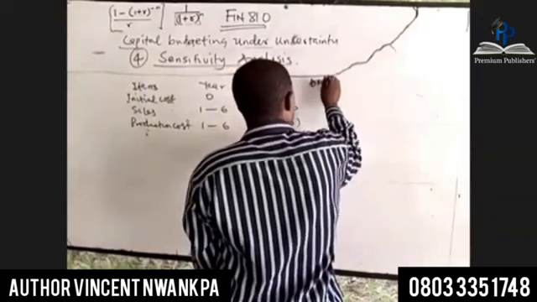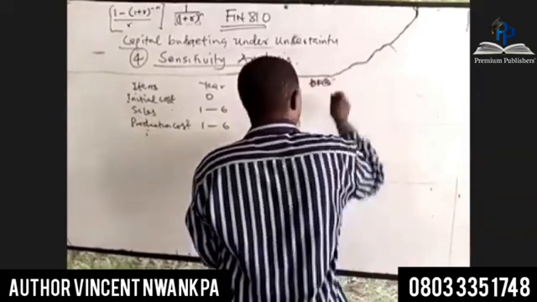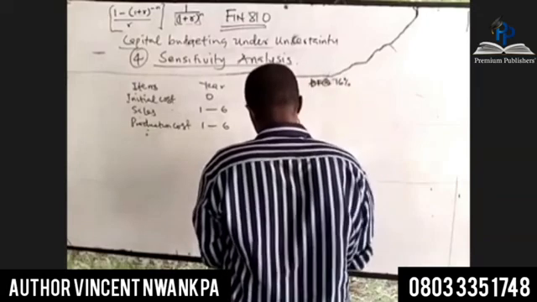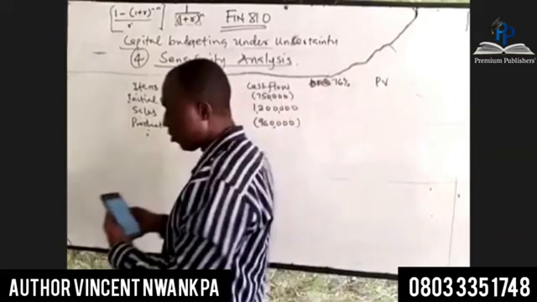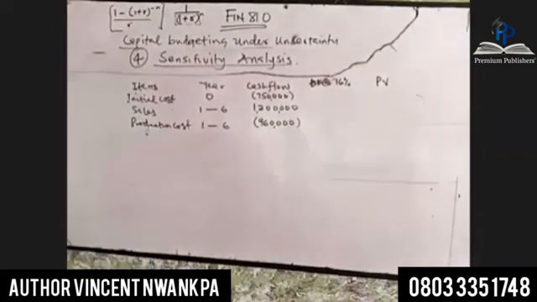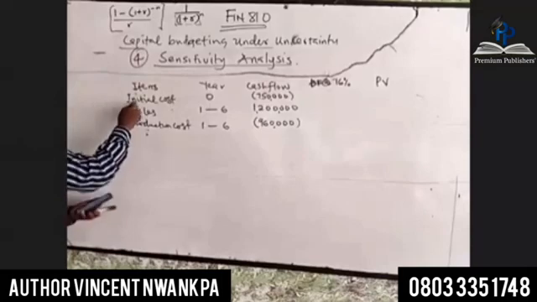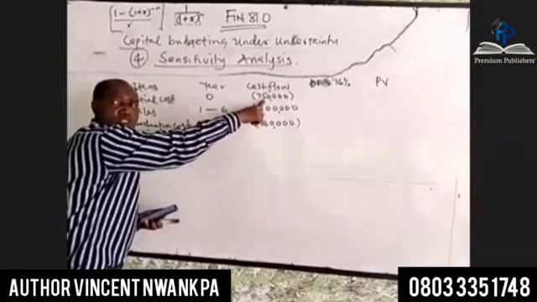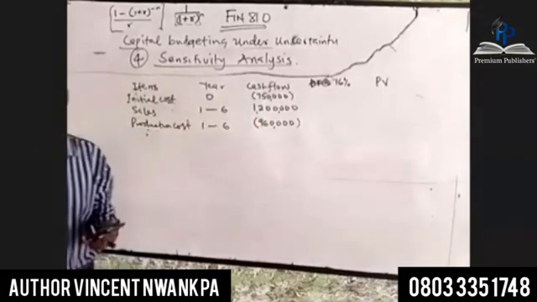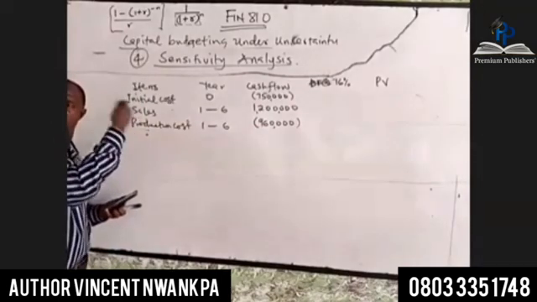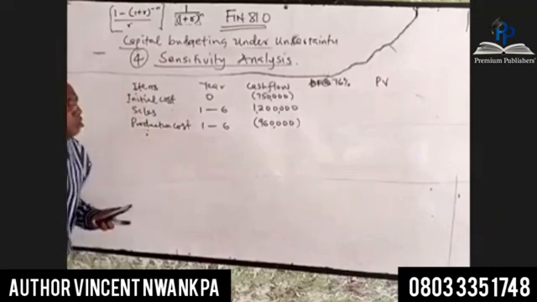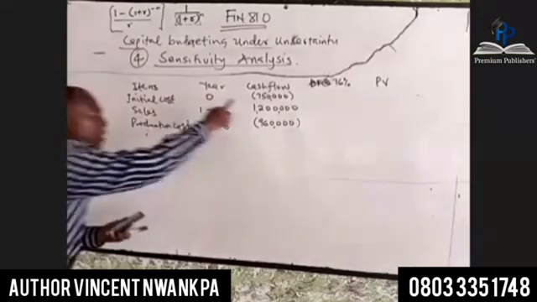Discount factor, at how many percent there? Is it 16? Are you sure it's not 16? The question you copy is 60%, have it? So there's initial cost. Did you see this 750,000 in the question? There was sales, the revenue that will be coming yearly, 1.2 million.